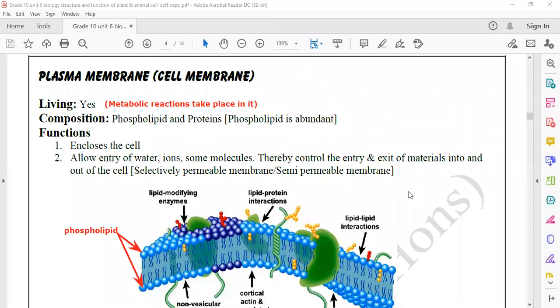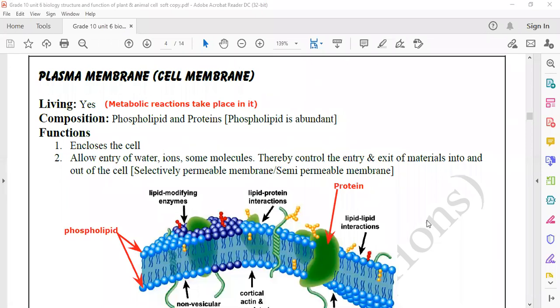Similarly, this green color material in the plasma membrane is protein. So according to our syllabus, plasma membrane is made of two types of materials. One is phospholipid, the other one is protein.